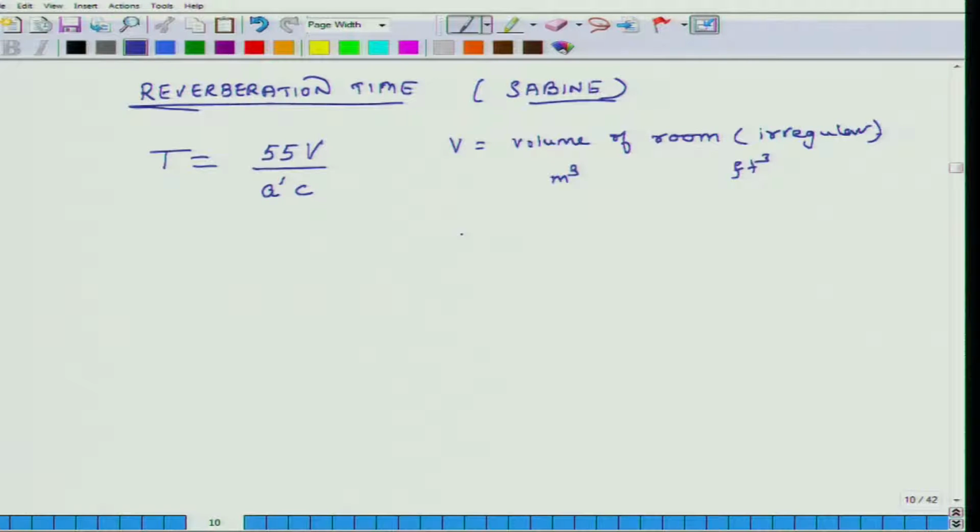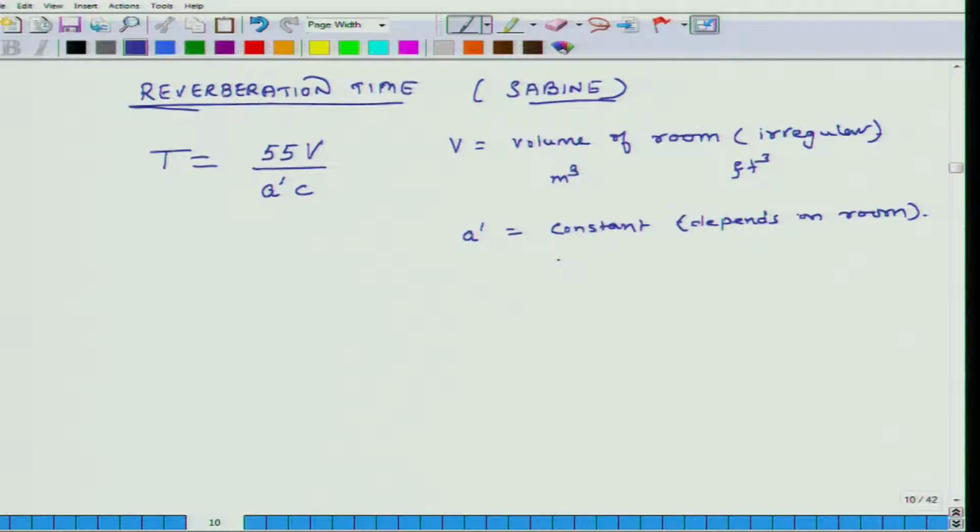Then you have A prime, which is some constant and depends on the room. We will figure out how to calculate this constant, but for this lecture we will just keep it at that.